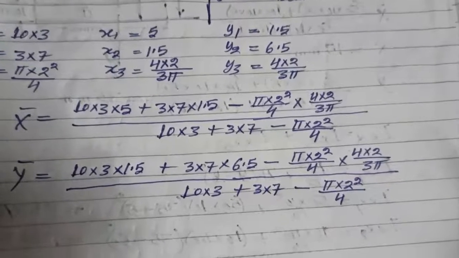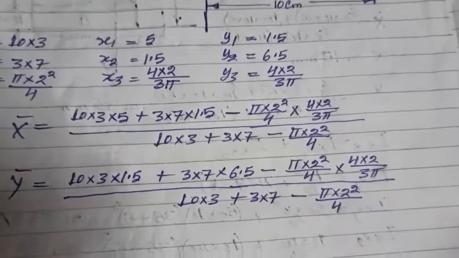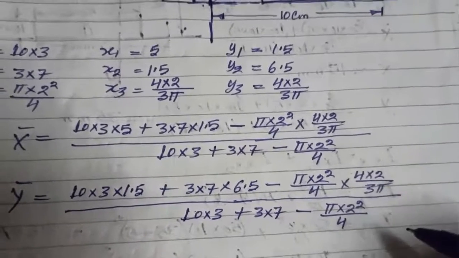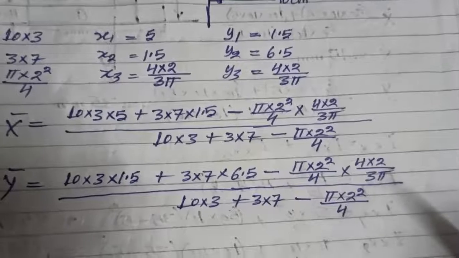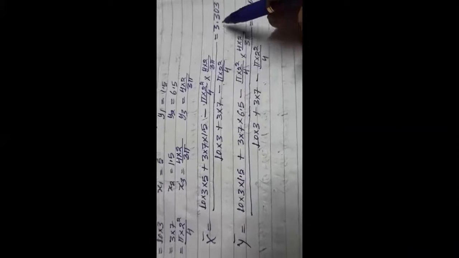So we calculate these values x bar and y bar. Now on calculating, this x bar is, with these values, 3.303, and similarly y bar is also 3.303.